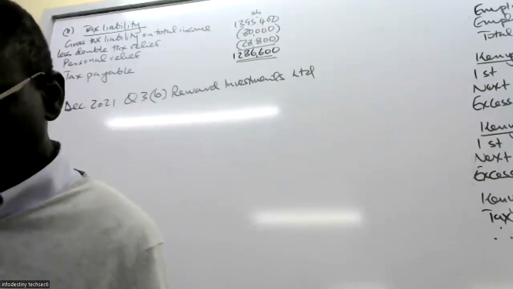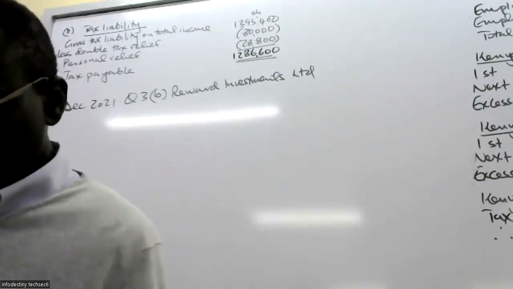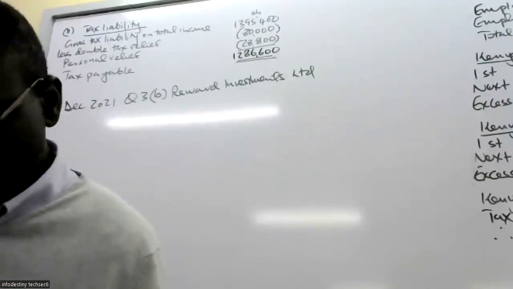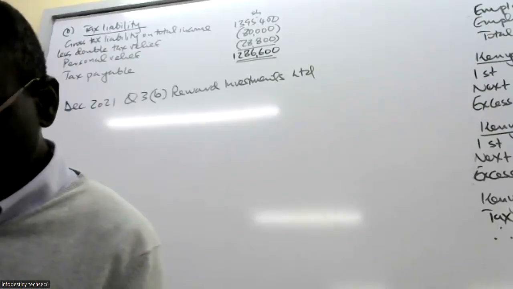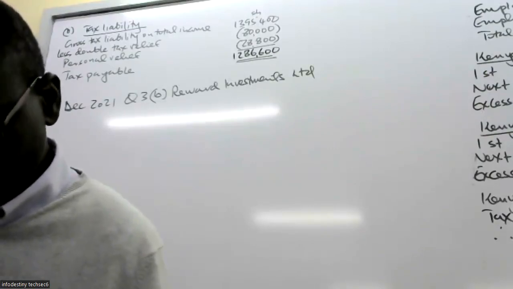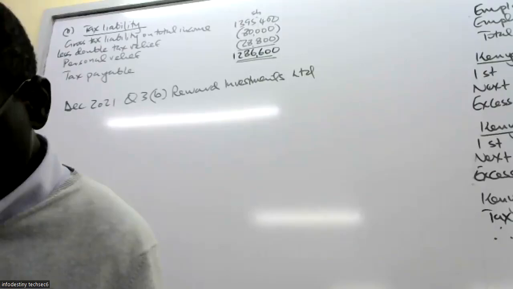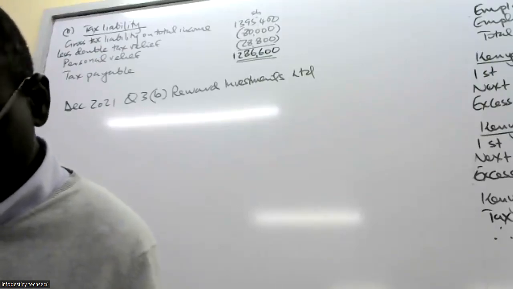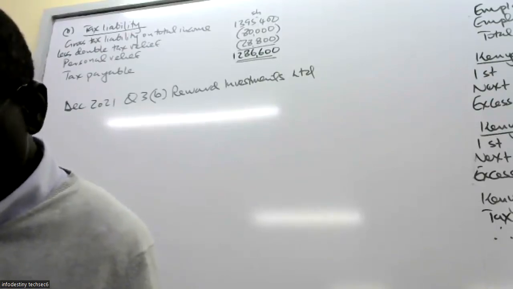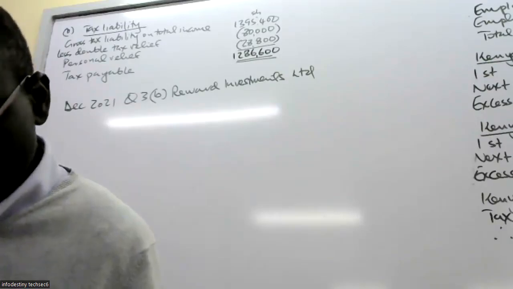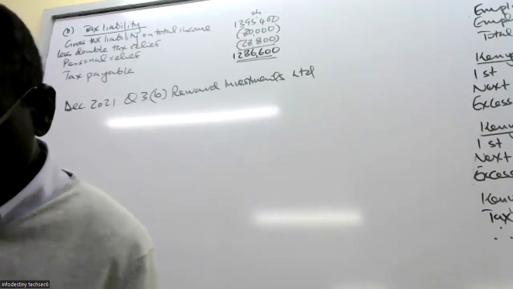So for VAT, you can also see the marks again. There's another question called Zawadi.